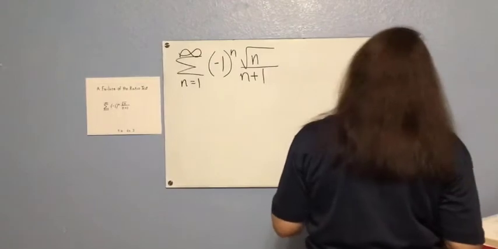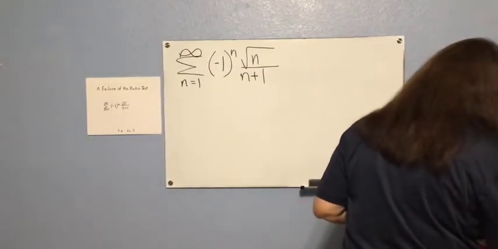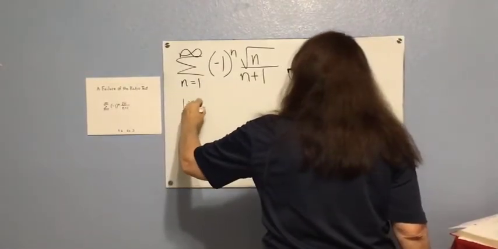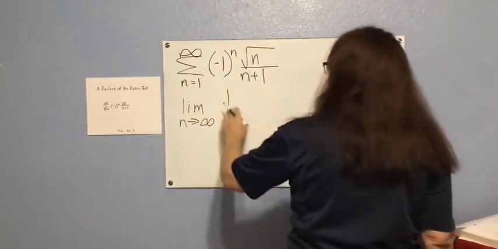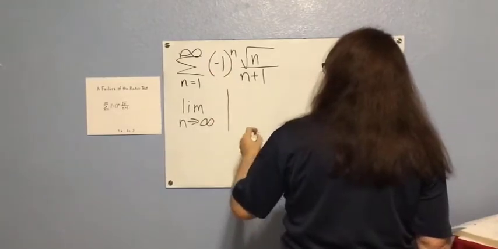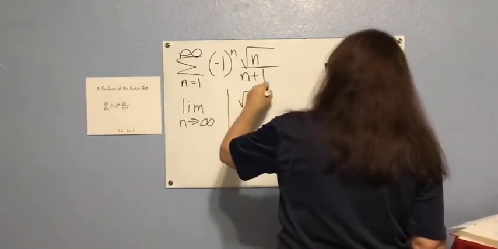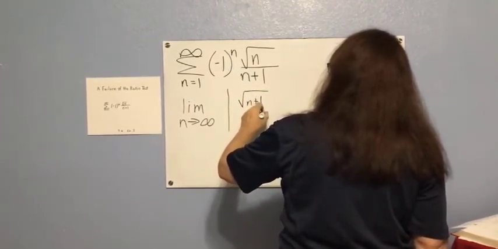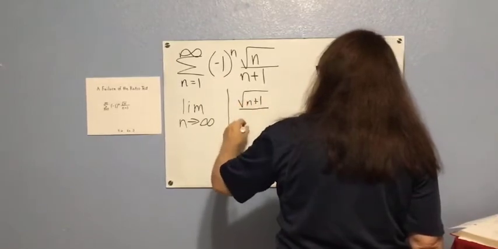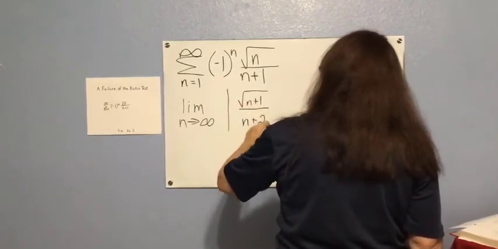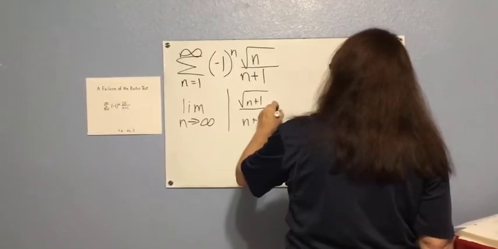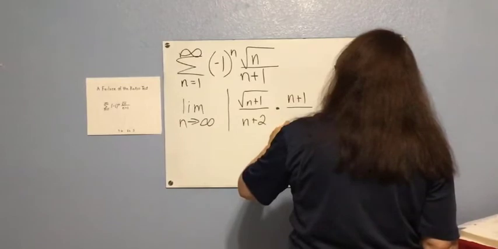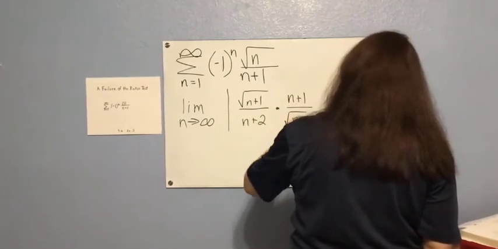So if I take the absolute value, take the limit of the absolute value. Okay, absolute value means I don't have to include this part. I'm going to have square root of n plus 1 over n plus 2 times n plus 1 over square root of n.